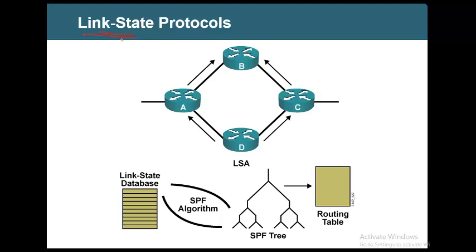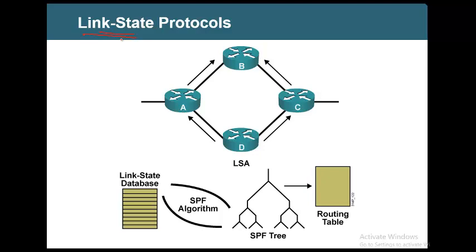If you see this picture here, all these four routers are sending something among themselves. What is that? It's written there, LSA, link state advertisement. They are sending link state advertisements, LSAs.